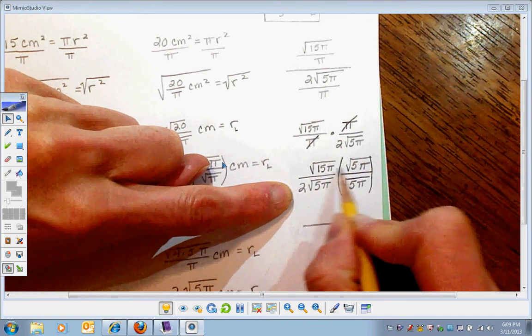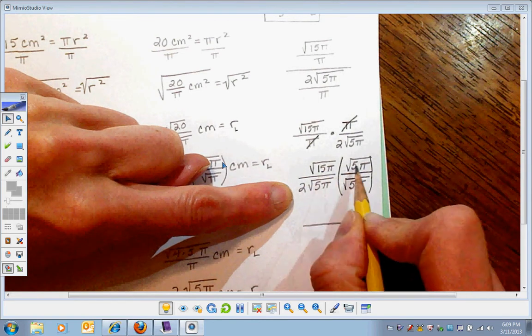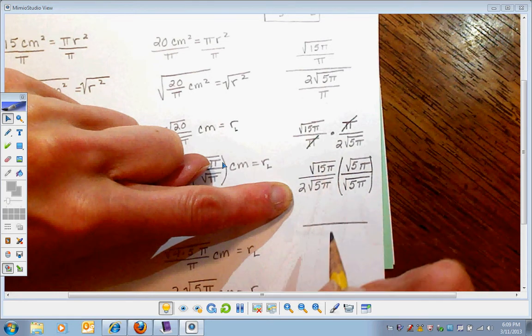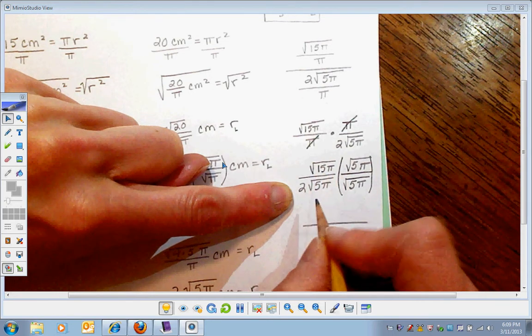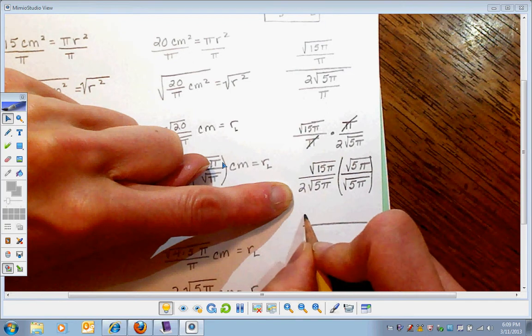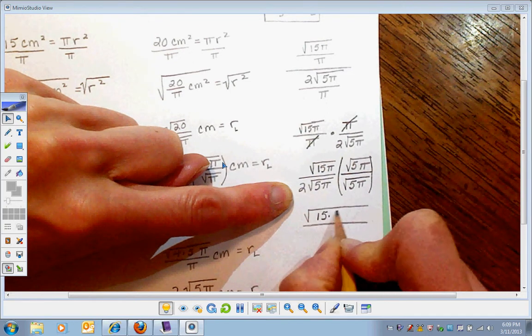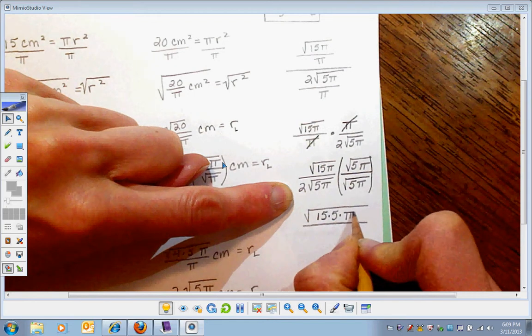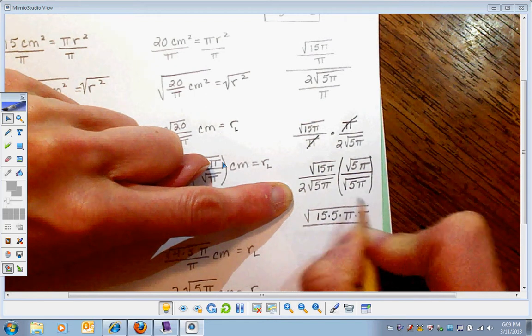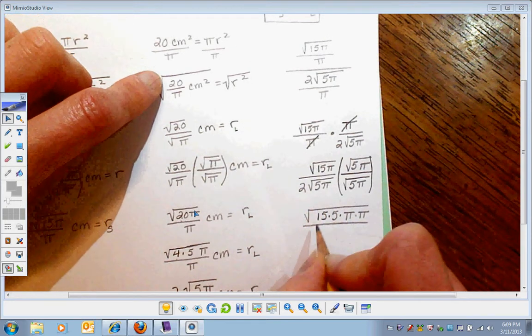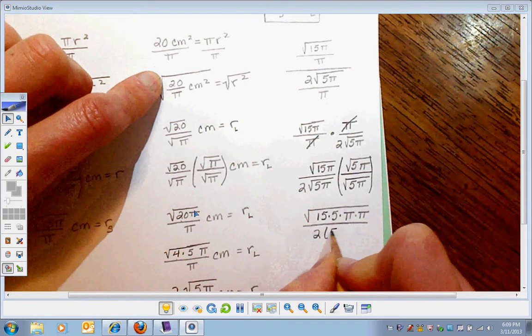So that gives me 5 times 15. I'm intentionally not going to multiply that out. I'm going to show you why in a minute. It's going to save me a step. And that's pi times pi. And then in the denominator, I have 2 times 5 pi.